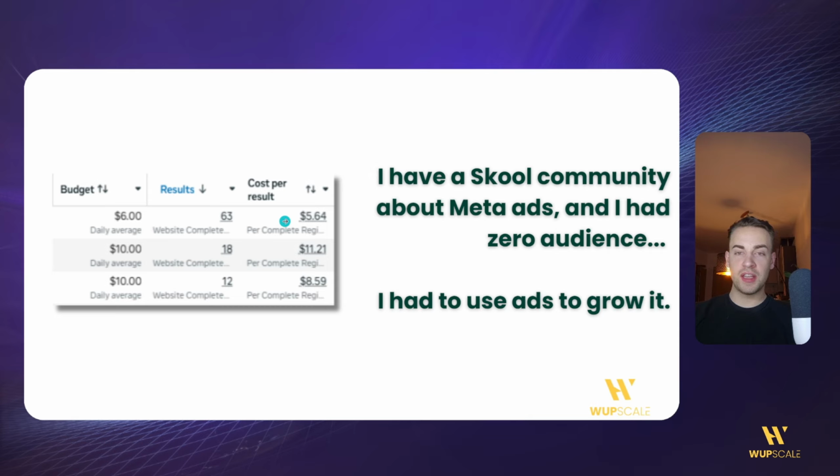Then I was getting signups at $5 per signup from the US, from tier 1 countries. In this campaign alone, I had almost 100 signups, using a smaller budget, $10 per day, $6 per day. So with this screenshot, I just want to show that it's definitely possible to grow your community with a smaller budget. You don't need to spend $40 or $50 per day.